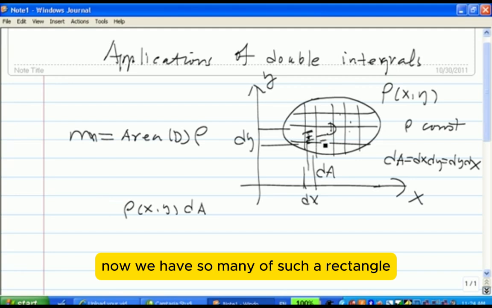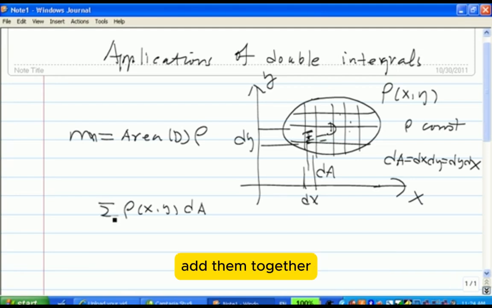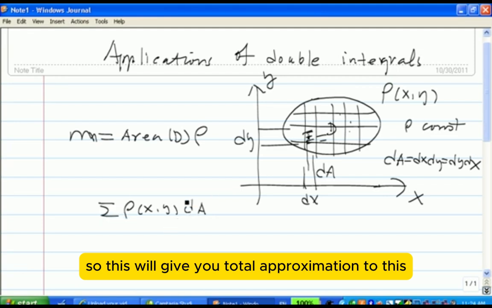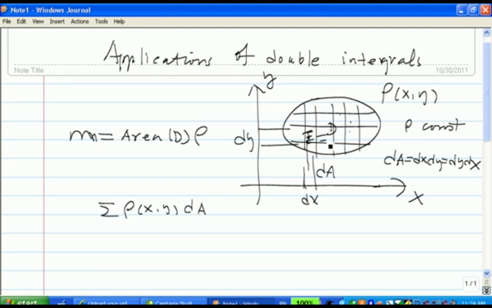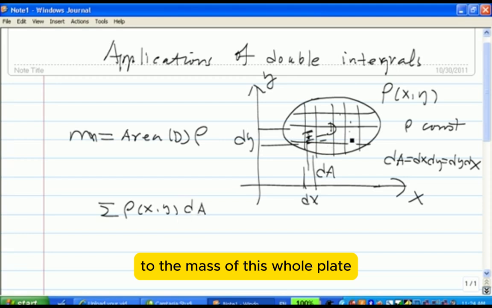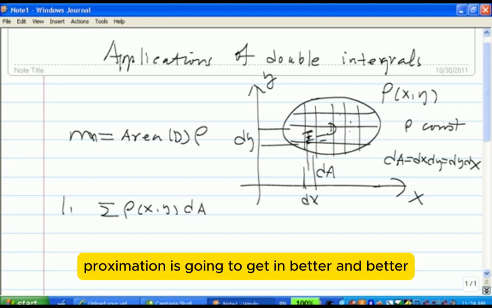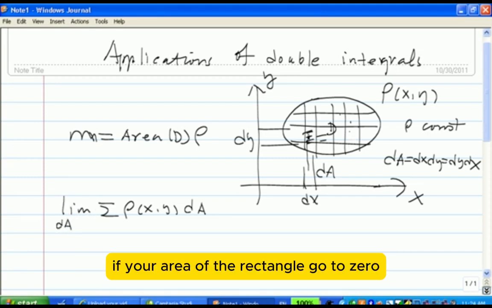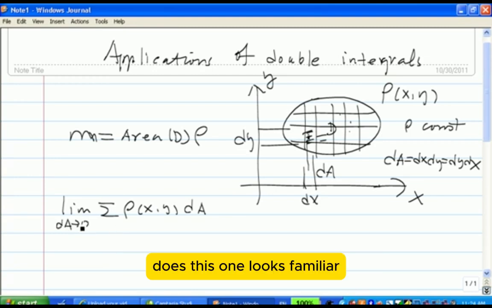Then we'll have so many of such rectangles, add them together. This will give you an approximation to the mass of this whole plate. This approximation is going to get better and better as the area of that rectangle goes to 0.